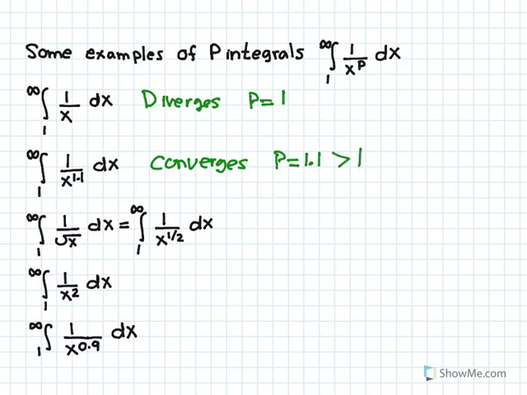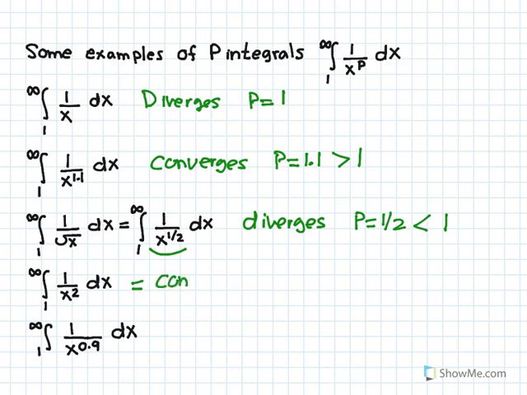Let's look at the third integral. Here we have the integral from 1 to infinity of 1 over root x dx. We rewrite this as 1 over x to the 1/2 dx. This one diverges. Why does it diverge? Because p, the exponent of x, is 1/2, which is less than 1. Let's look at this integral, 1 to infinity of 1 over x squared dx.